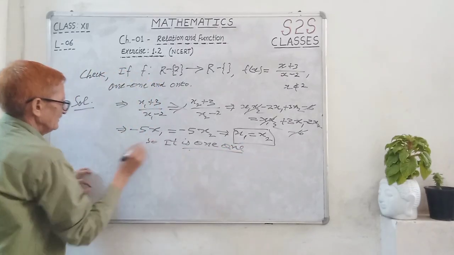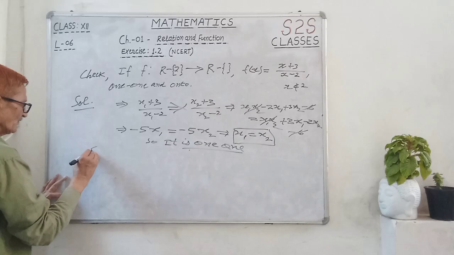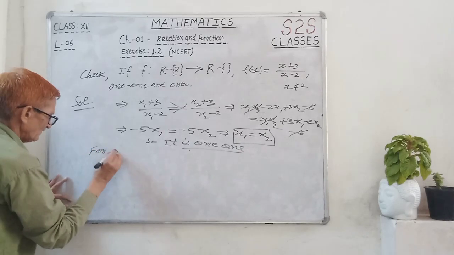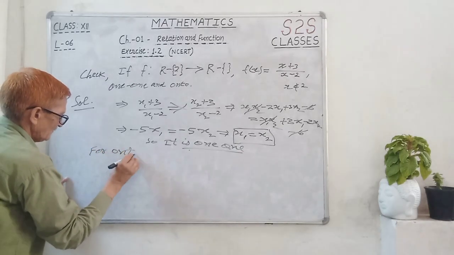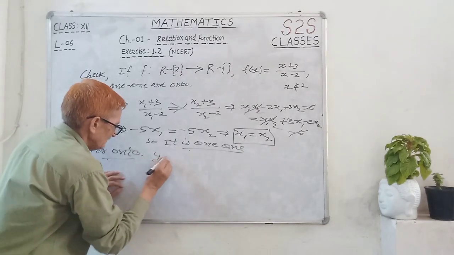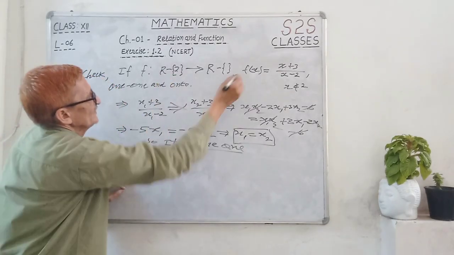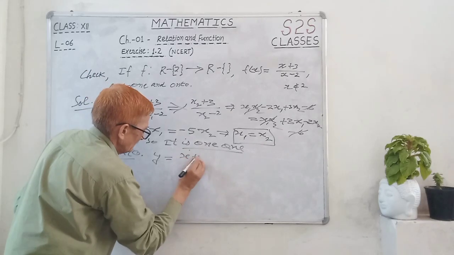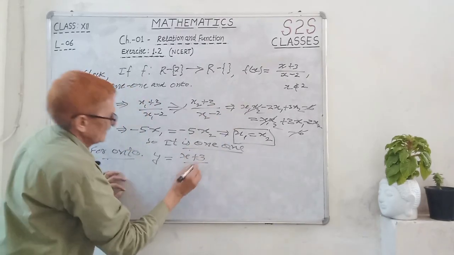So it is one-one. Now we are going for onto. y is equal to f(x). f(x) is (x plus 3) upon (x minus 2).